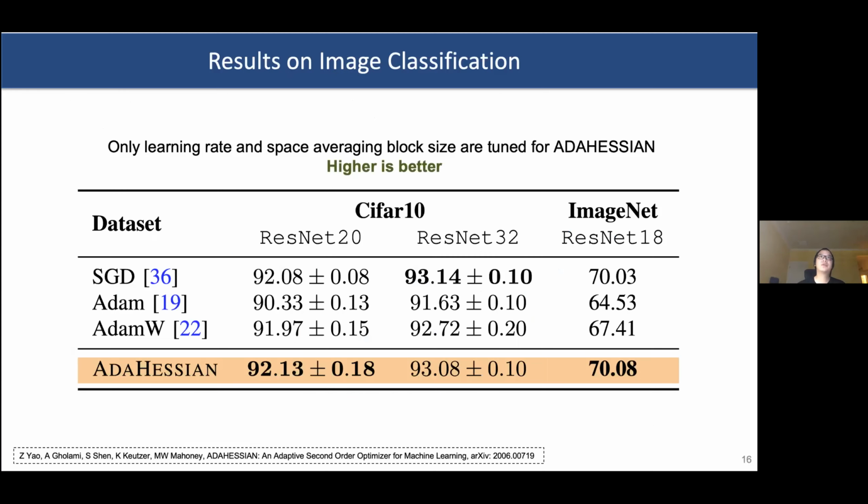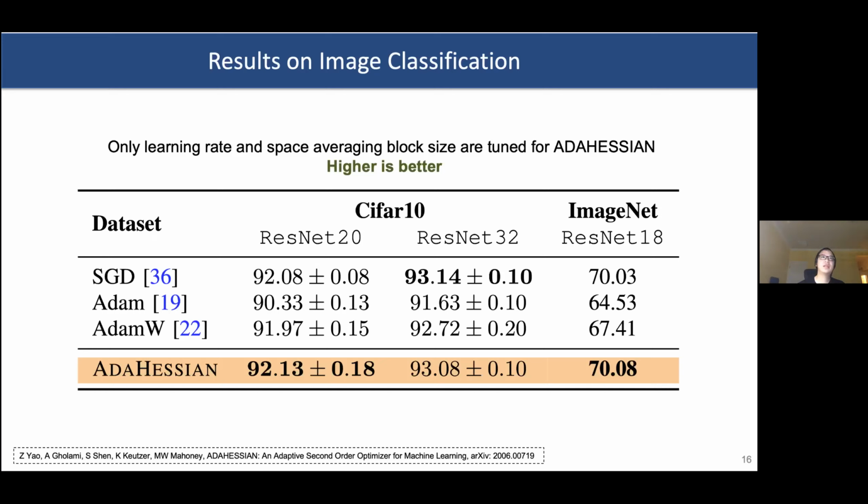So we have these two tools in our background. We will show the results of AdaHessian on different tasks. The first one is the most tested task, image classification, and we use ResNet, one of the most famous networks in CV, on CIFAR and ImageNet.